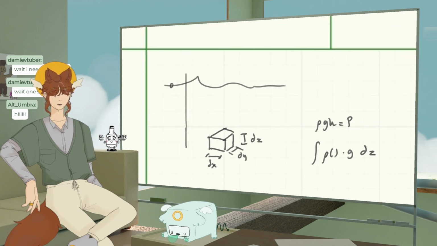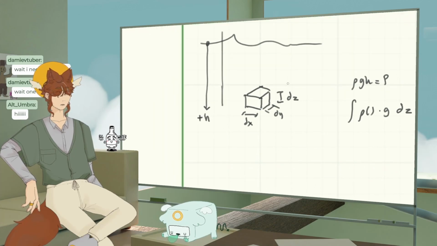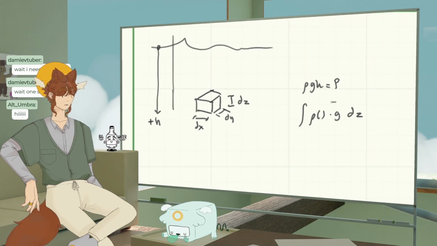We measure our coordinate system as positive h, like our negative z. That's just a rough explanation: our pressure is coming from the weight of the liquid above it, density times volume, and if our volume is infinitesimally small, we have a very small amount of mass.